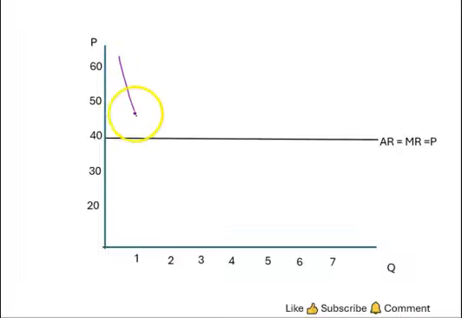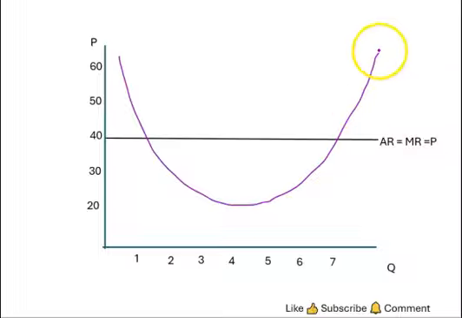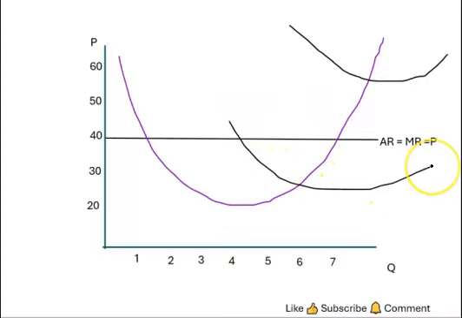We draw the marginal cost curve, the average total cost curve, and the average variable cost curve. And we label them, which is very important. It's marginal cost, it's average total cost, and it's average variable cost.